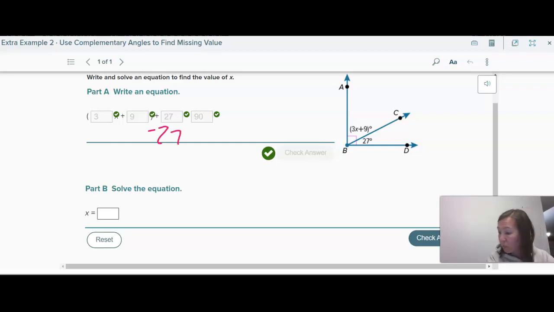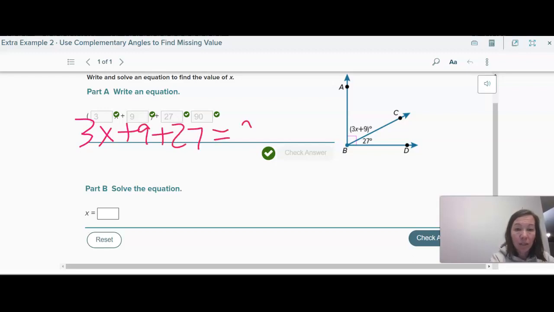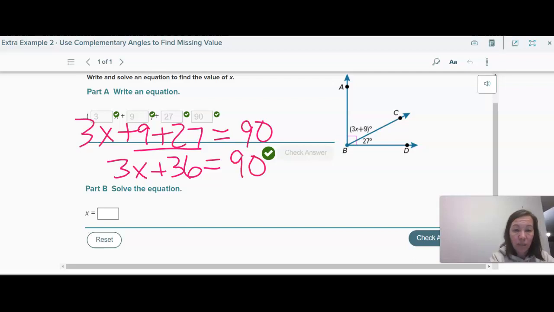Let's simplify this equation first, sorry. So we actually have 3x plus 9 plus 27 equals 90. What you want to do is combine those first. This is 3x plus 36 equals 90. Anytime you have like terms on the same side, you want to combine those first.